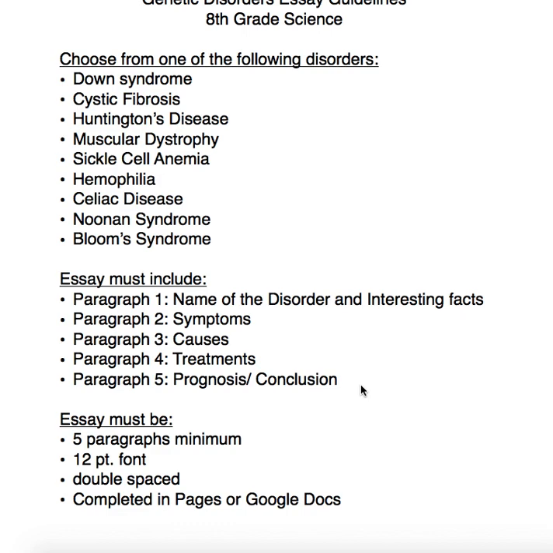That's your prognosis, how long the doctors think you may live or how you live with it. And then your conclusion is tacked on to paragraph 5 too. So kind of wrap up everything, put a nice bow on it. Talk about maybe other interesting facts that you found about your disorder.